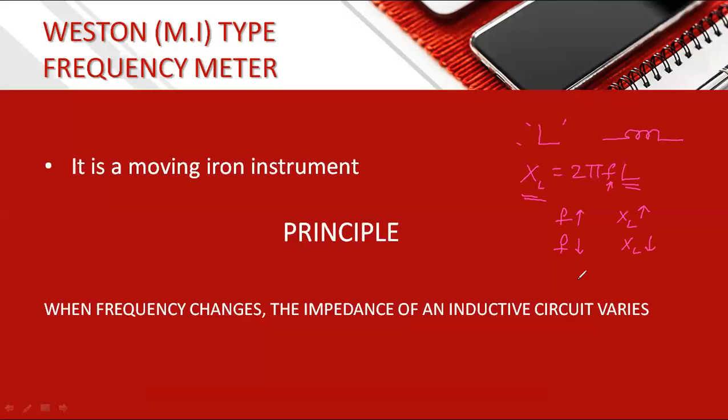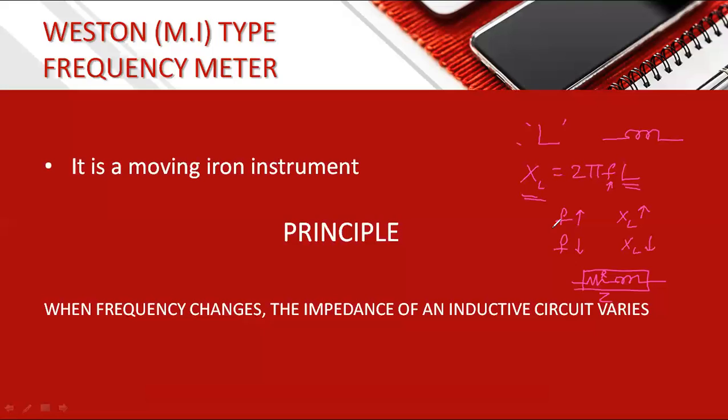Now, inductive circuit may have resistor and inductor, something like this. Now, the resistor is an element whose resistance is not dependent on frequency at all. It is going to be constant. Hence, if frequency increases, say Z is the impedance of this circuit shown.